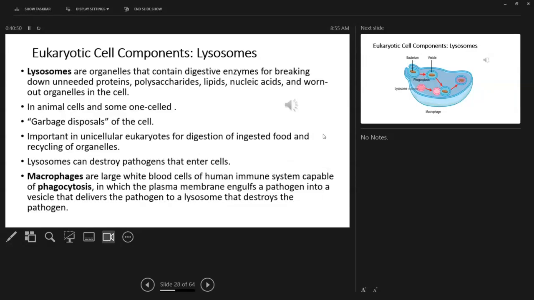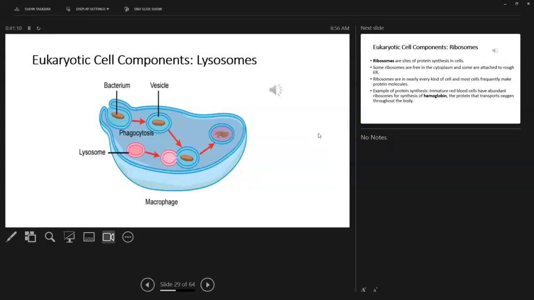Mentioned here is phagocytosis, which we will define later in this chapter, but phagocytosis means a cell eating something. Some cells are capable of this. The cell can change shape and wrap around a particle that's outside the cell and take it in.